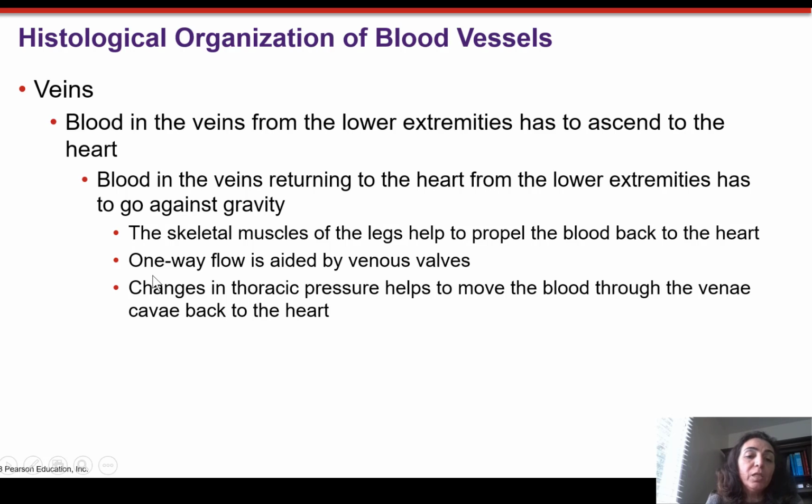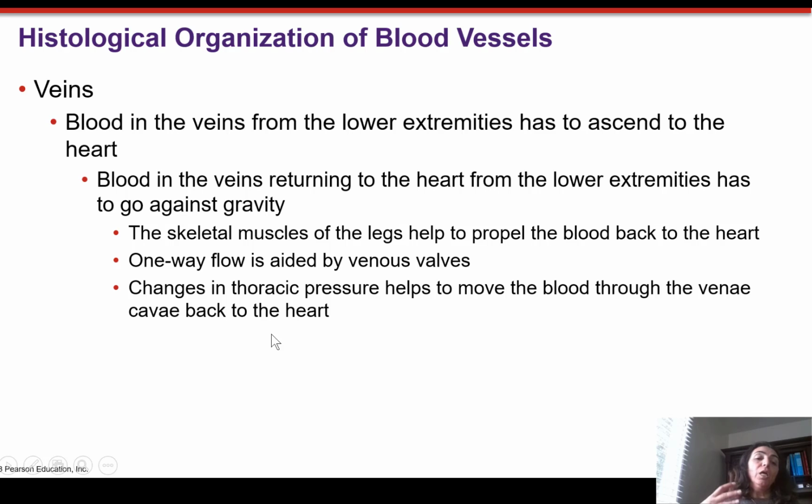One-way flow is aided by the venous valve. This is the second factor. And the other thing, changes in the thoracic pressure help to move the blood through the vena cava. Superior and inferior vena cava help the blood pass through them and back to the heart.